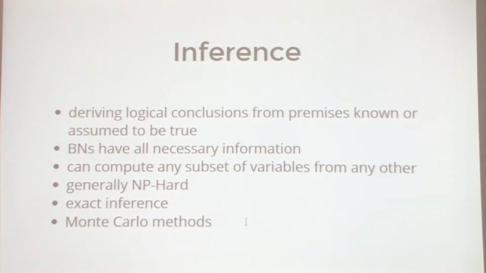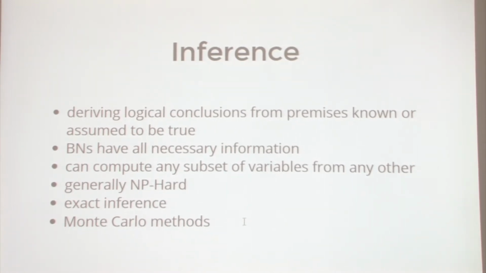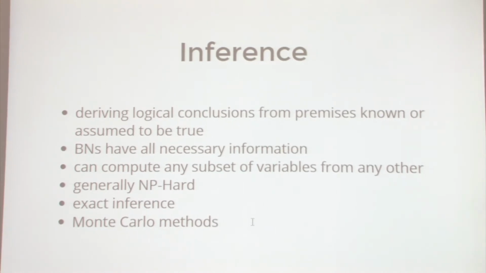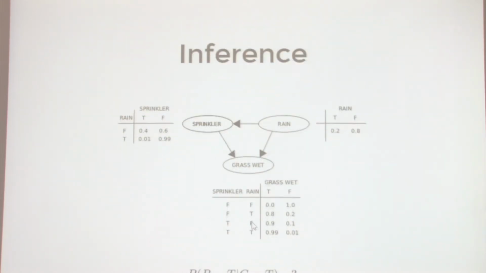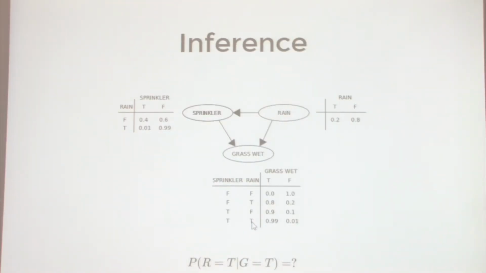Therefore, there are two approaches. One is exact inference, which can be computationally hard, and when the data set is too big or the computation takes too much time, Monte Carlo methods are used. Now, we'll take a look at one example of how to perform an inference.